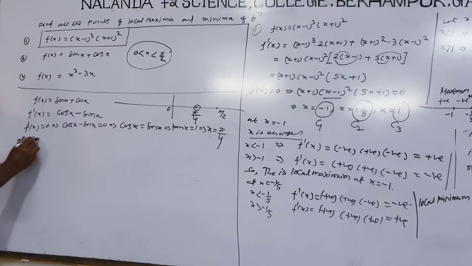Now at x equal to pi by 4, we check less than pi by 4 and greater than pi by 4. What is f dash x?